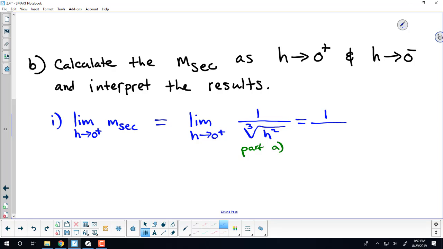Honest mistake. Okay, so 0 through positive values, that's getting squared, and then we're taking the cube root, so it's 1 over the cube root of a small positive number, which is a small positive number, which is positive infinity.